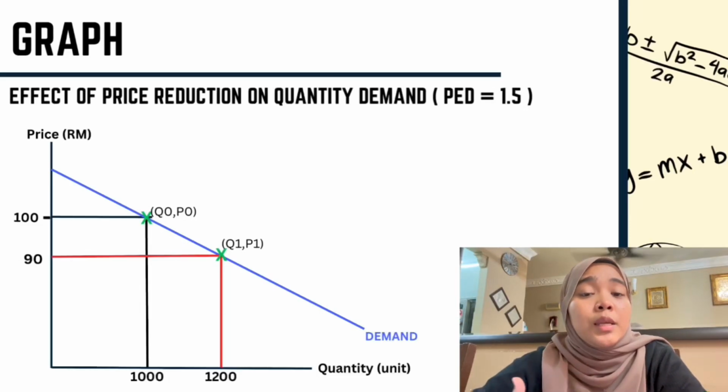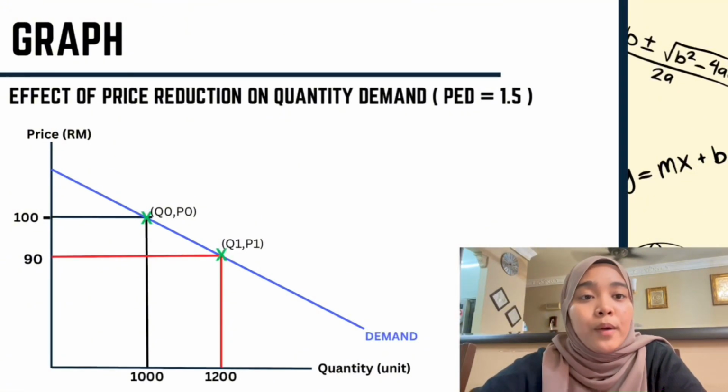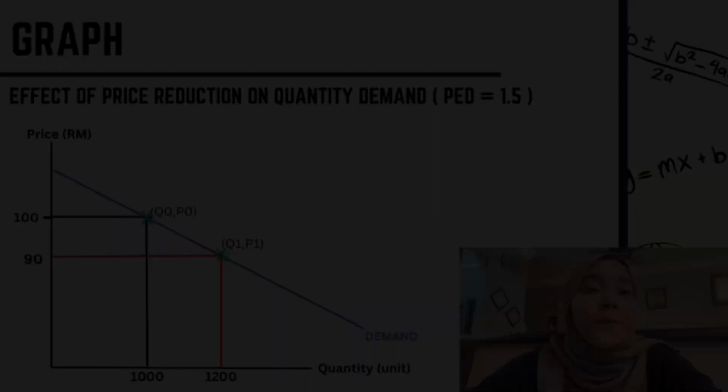Since demand is elastic, with PED higher than 1, the percentage increase in demand, 15%, is greater than the percentage decrease in price, 10%.